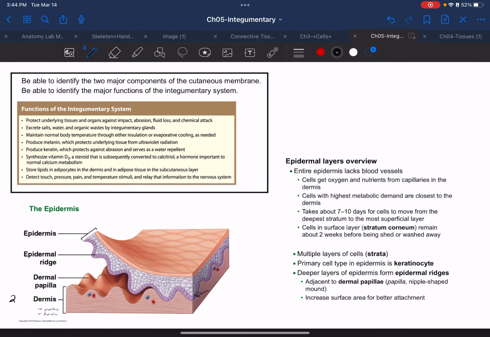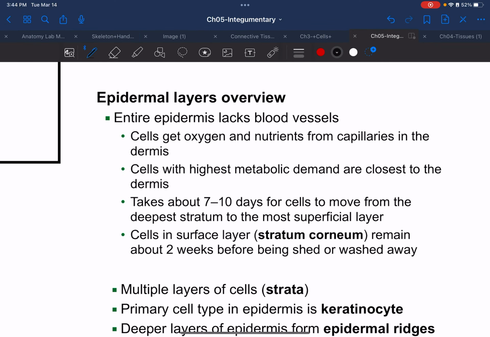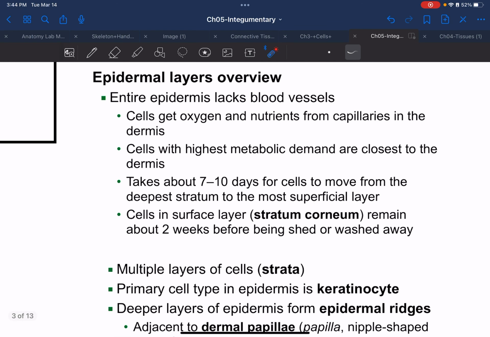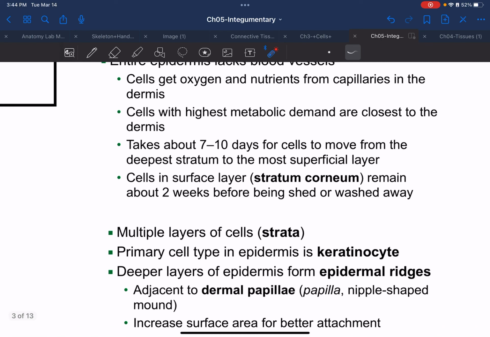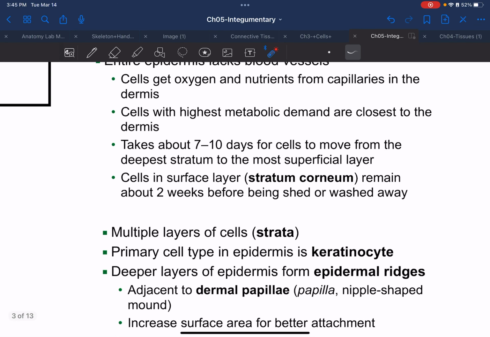All right. And so with that, our epidermis, the layer on top, which is keratinized, stratified squamous epithelial tissue, lacks blood vessels. It is avascular. It relies on the dermis and all those capillaries in that dermis to provide oxygen and those nutrients that we've learned about: carbohydrates, proteins, lipids, nucleic acids.